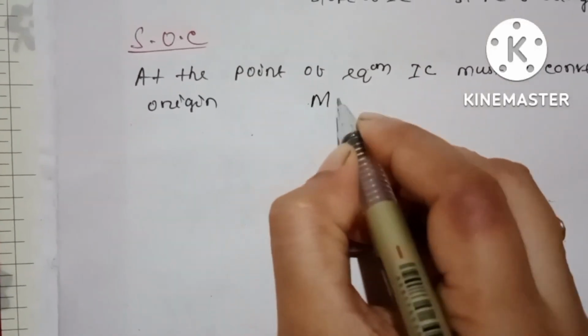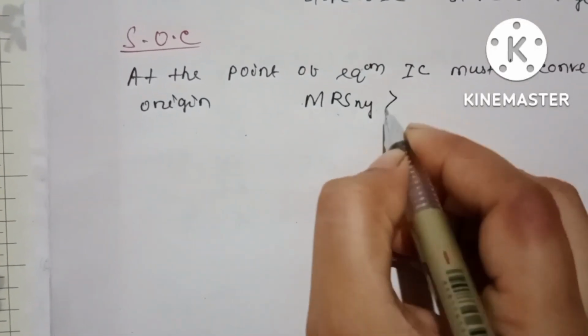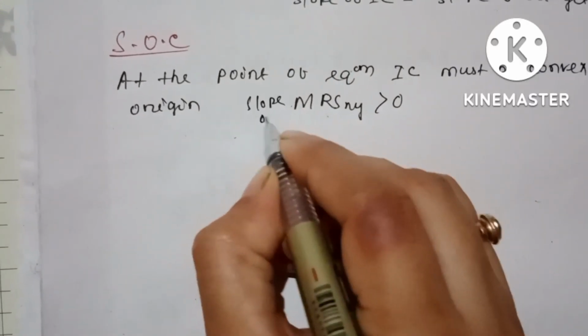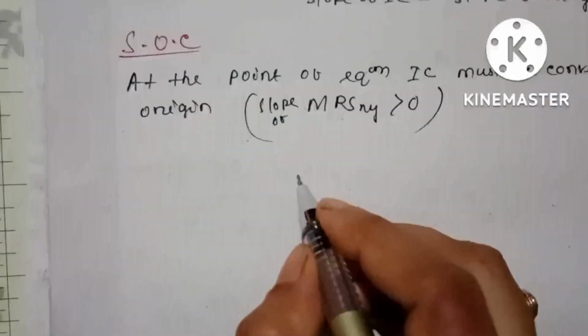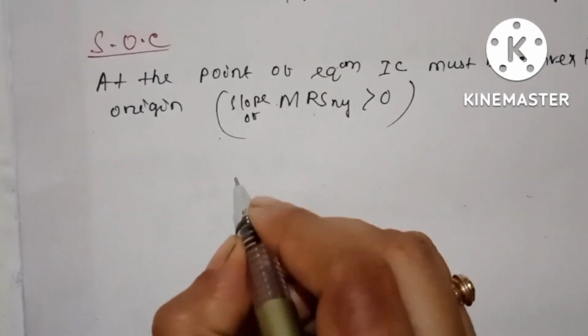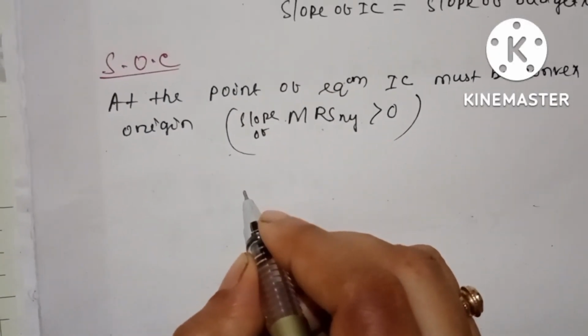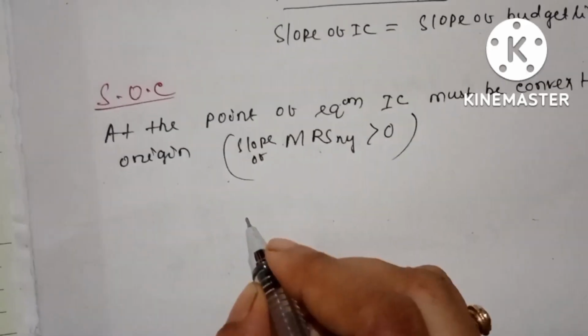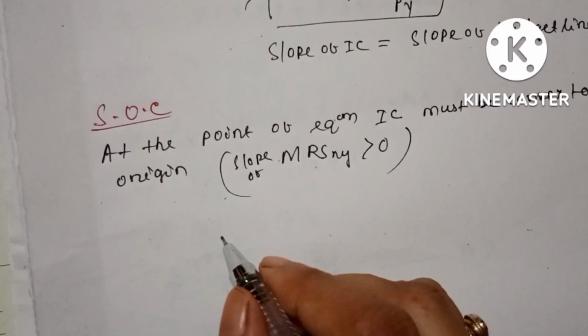Or you can say the slope of MRS xy is greater than 0, or you can say the second order derivative of y with respect to x is greater than 0.